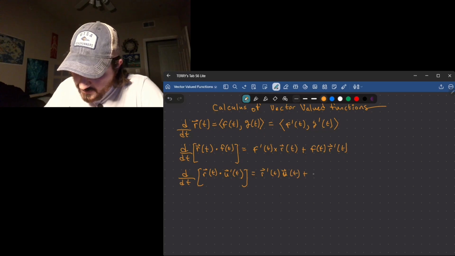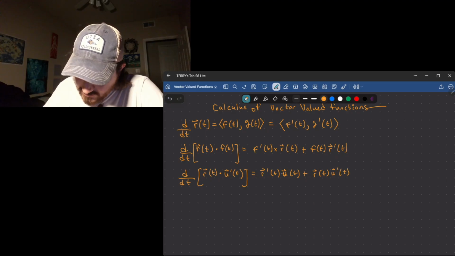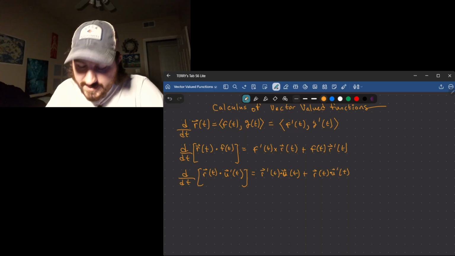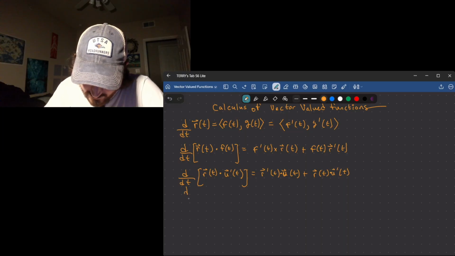And then we're going to say plus, and then we have r of t and u prime of t. Now, the only catch is these are actually dot products because these are vectors and you can't multiply vectors. We talked about that last time. Okay, we're just going to talk about one more and then we're going to do some examples.